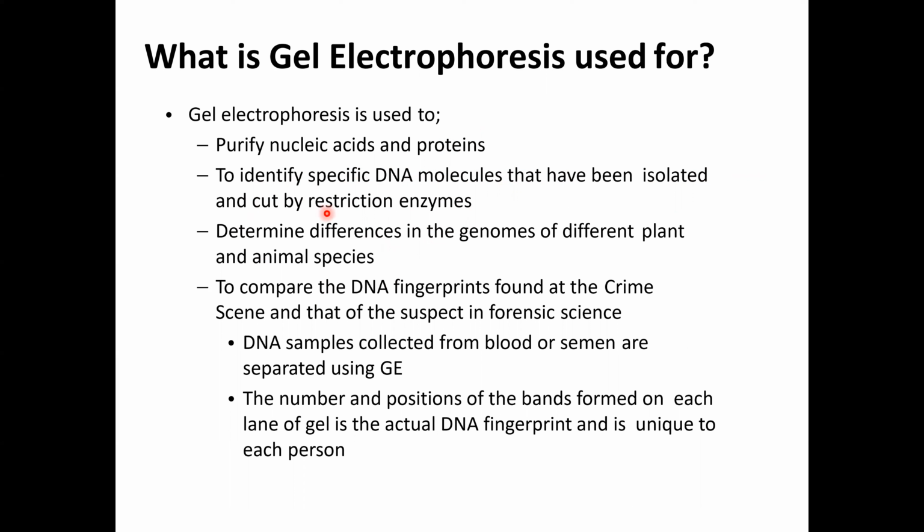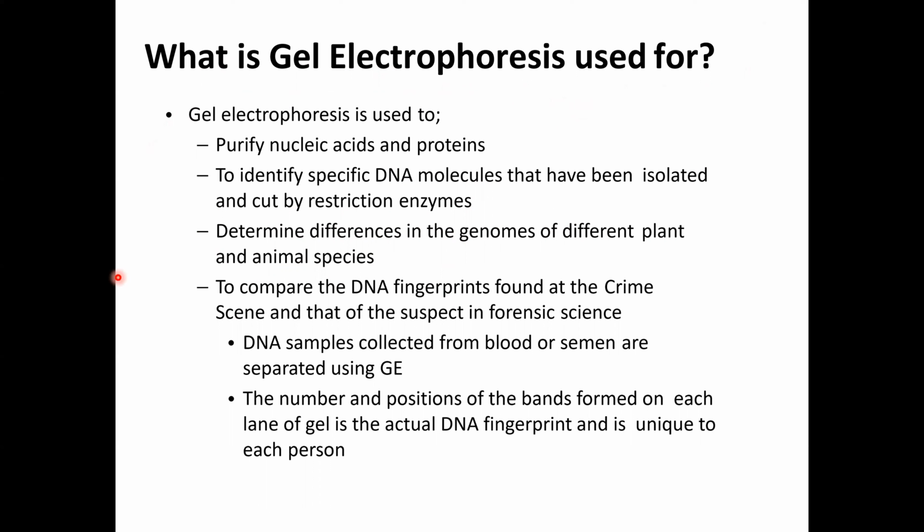Another purpose of electrophoresis is determination. If we're going to determine the genomes of different plant and animal species, this is very important. Gel electrophoresis is widely used in the molecular biology laboratory, because if you want to identify the genome structures of different plants and animals, the first step we can perform is gel electrophoresis.